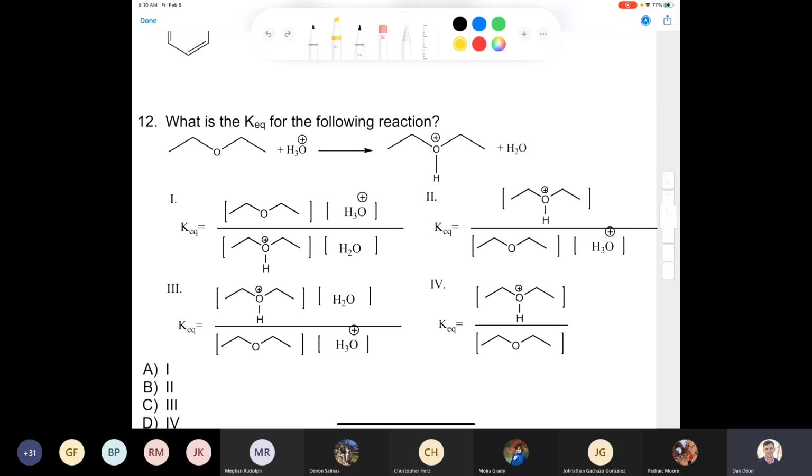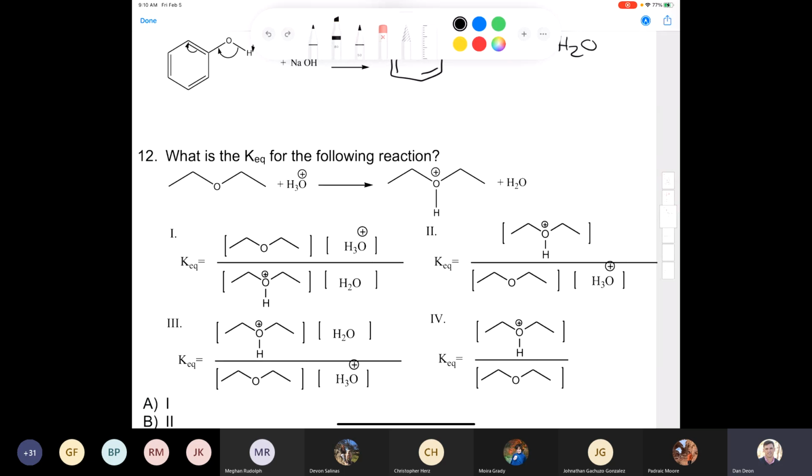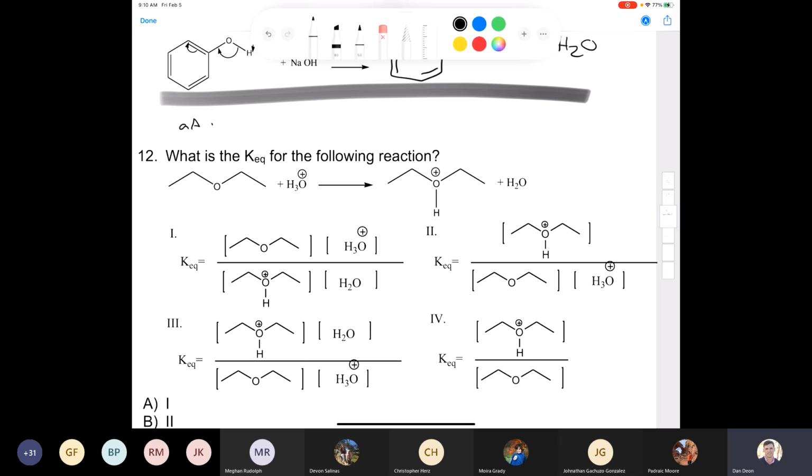If we want to draw our K equilibrium, you should remember, and this is just a review, that if we have a reaction like A plus B is in equilibrium with C plus D, then K equilibrium is equal to C to the power of C times D to the power of D over A to the power of A and B to the power of B, right? This is general chemistry 2, okay? So we have our K equilibrium here.